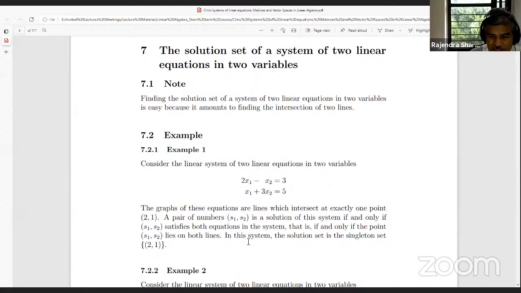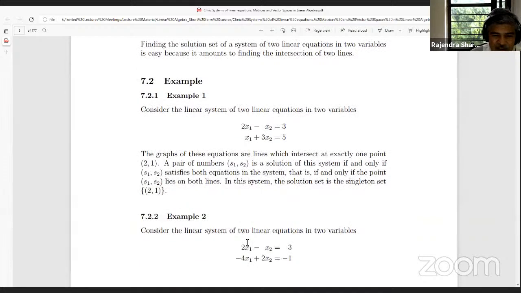A pair of numbers s1, s2 is a solution of this system if and only if s1, s2 satisfies both of these equations in the system. That means this point lies on both the lines. Here we see that there is only one point, namely (2, 1), which lies on these two lines simultaneously, and therefore the solution set is a singleton set for this system of equations.